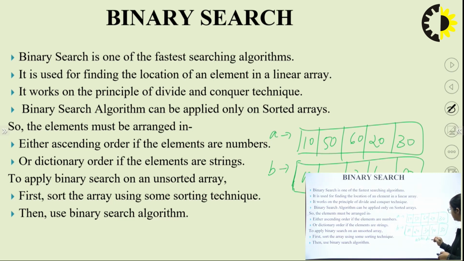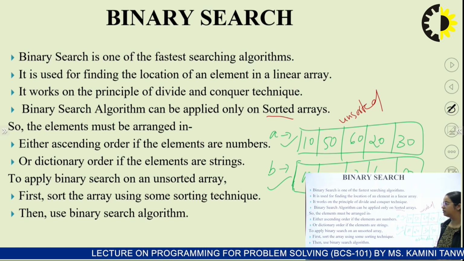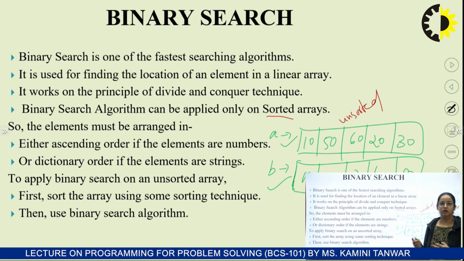So the first is an unsorted array and the second is a sorted array. Now I think you all understand the word sorted: the elements are arranged either in increasing order or in decreasing order.